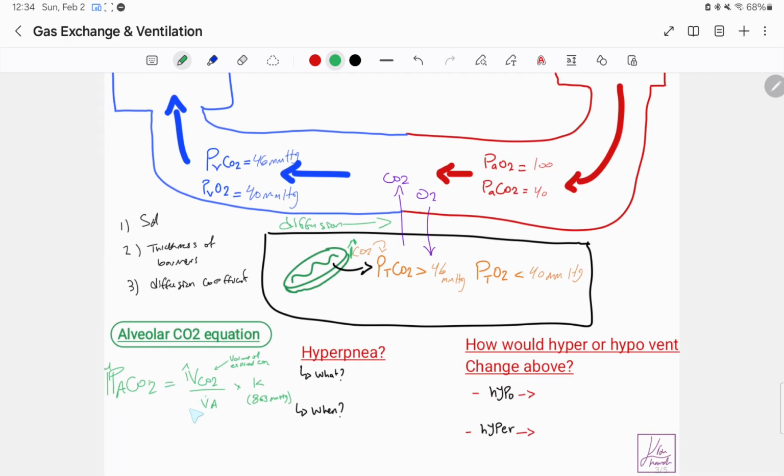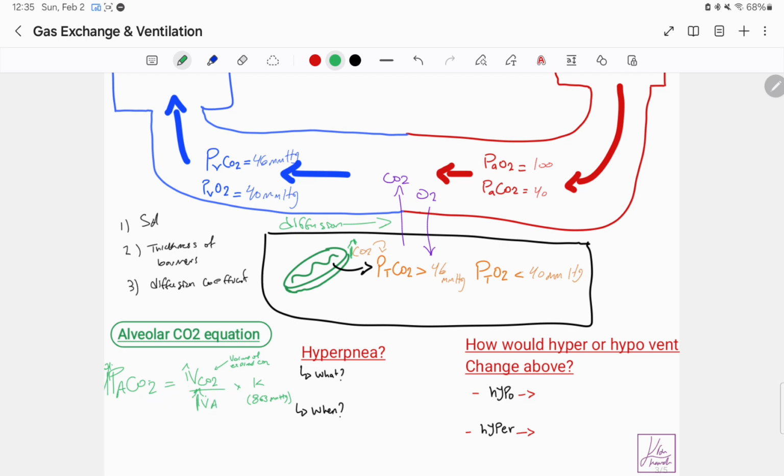This rarely occurs. Why? Because as this increases, this also increases at the same time, proportionally, to decrease that rise. It's very funny how that works. As the volume of metabolic CO2 increases, the alveolar ventilation increases proportionally to balance out the rise in the partial pressure of alveolar CO2.